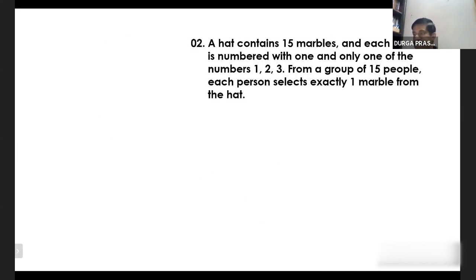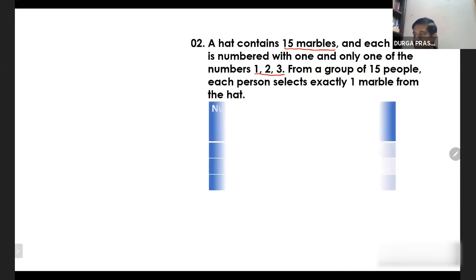A hat contains 15 marbles and each marble is numbered with one and only one of the numbers 1, 2, or 3. From a group of 15 people, each person selects exactly one marble from the hat.